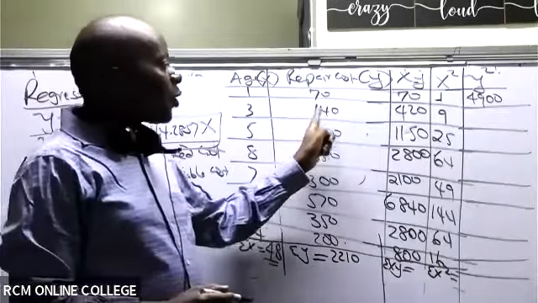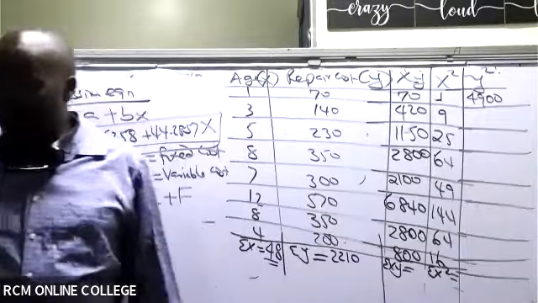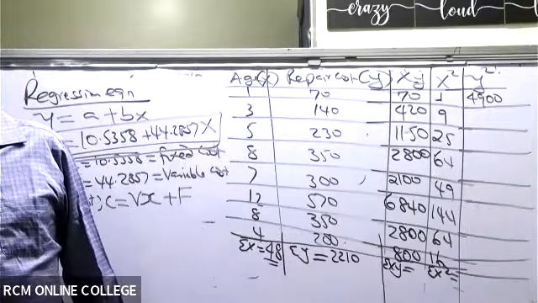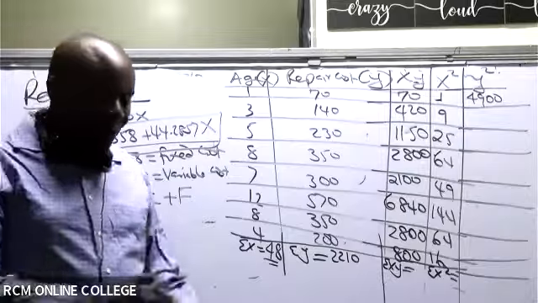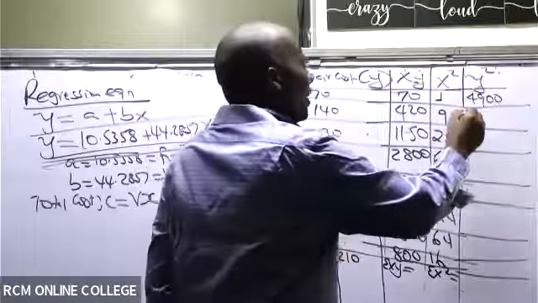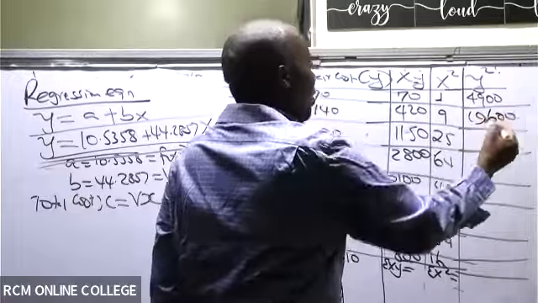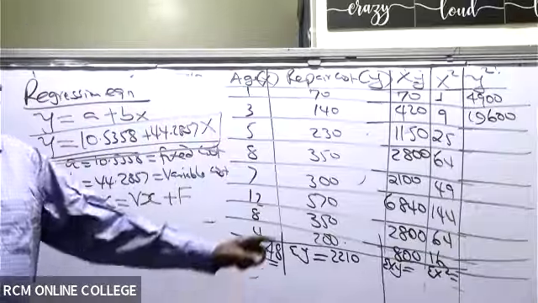So then 140 squared gives me what here? 140 squared, 19,600. I hope everybody is able to punch there. 140 squared is the same as 140 times 140.